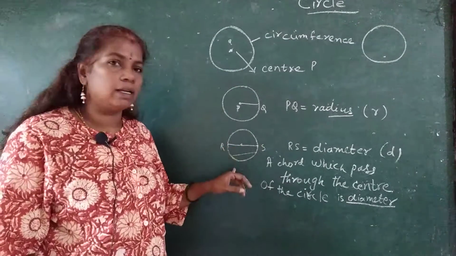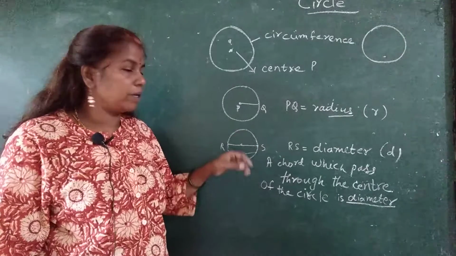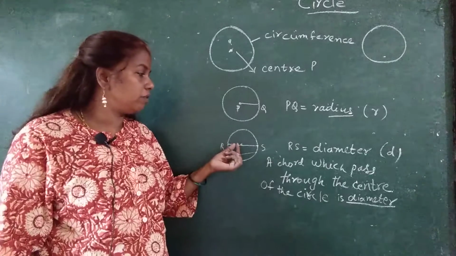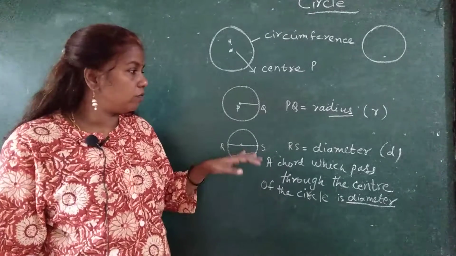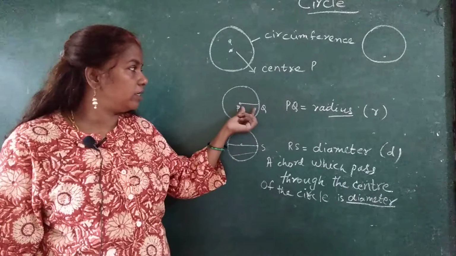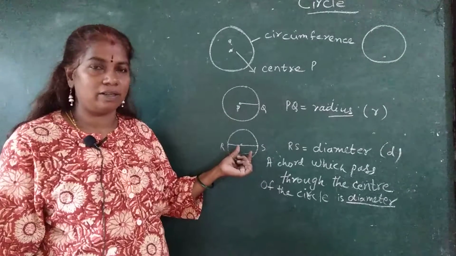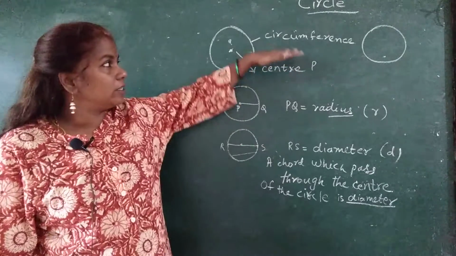Chord is a line which is touching any parts of the circumference of the circle. But if it passes through the center, then it is a diameter. Now from this you can find out that radius is half of diameter, or you can say diameter is 2 times the radius. Understood?